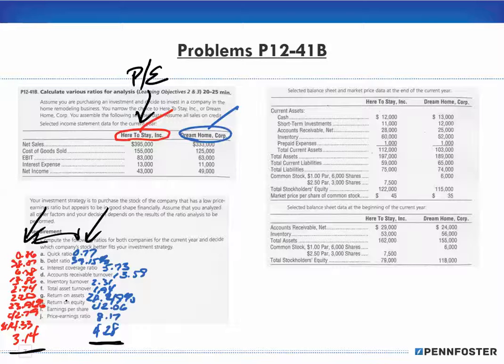Like for example, maybe you might have a good accounts receivable turnover ratio, meaning you're able to get people to pay real quick. Okay, and you might have a good inventory turnover ratio, meaning you're turning over your inventory real quick. But if you borrow too much, all right, then your debt ratio could be all wrong.